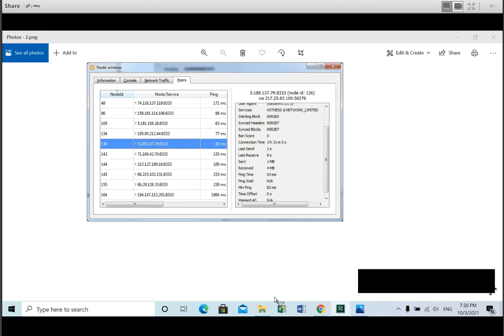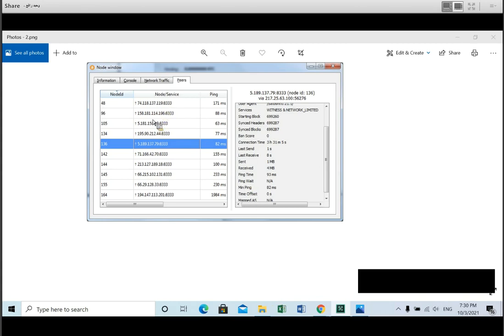As I said in the previous lecture, the blockchain network is a peer-to-peer network. It means that each client is connected to some other computers. In my case, I was connected to 10 peers.